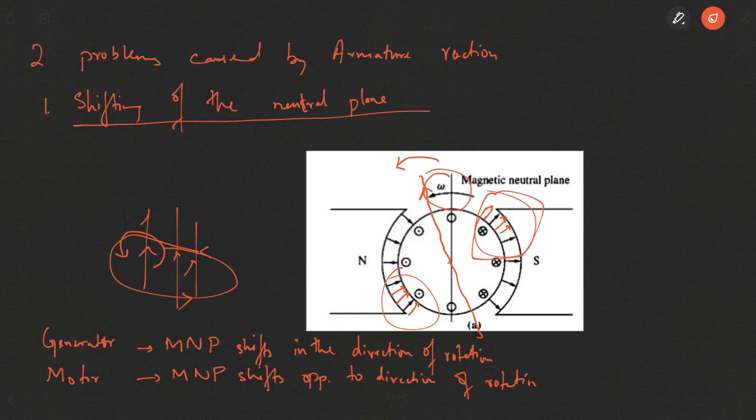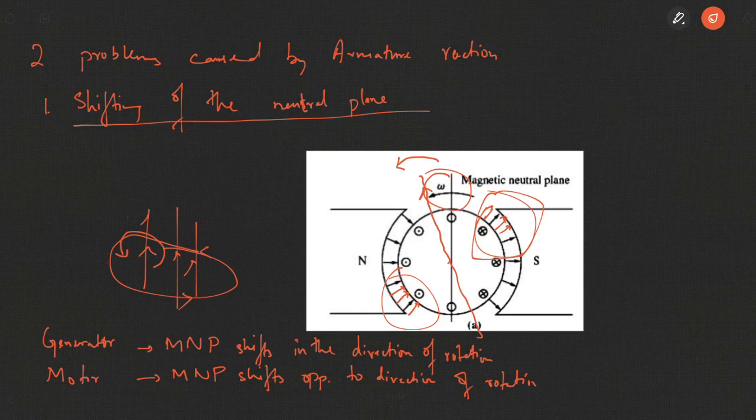The voltage induced will no longer be 0. So brushes are actually located now in a place where voltage induced is not 0, and therefore sparking or short circuit will take place at the brushes. In extreme cases, there may be a flashover, and that may actually even result in the burning of the motor.